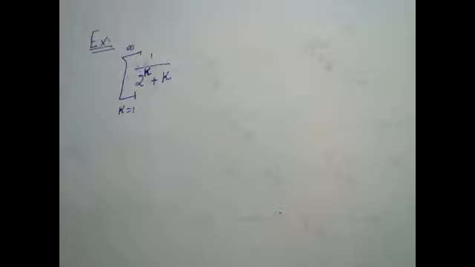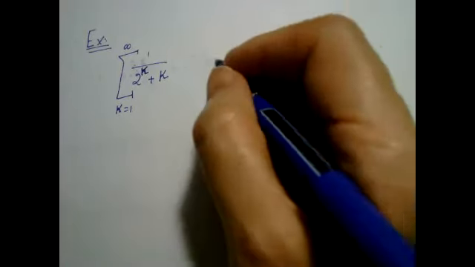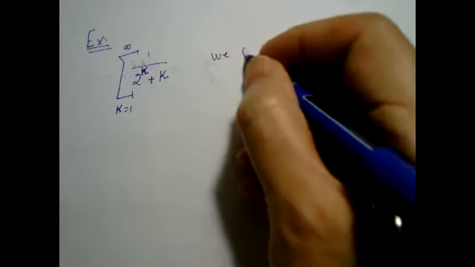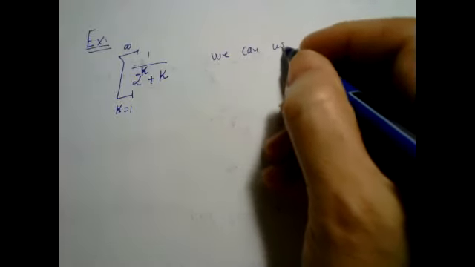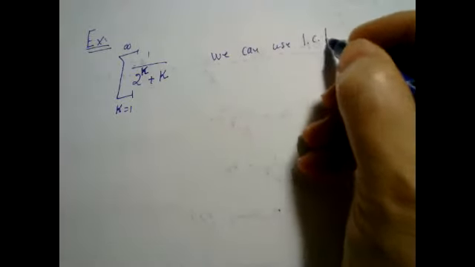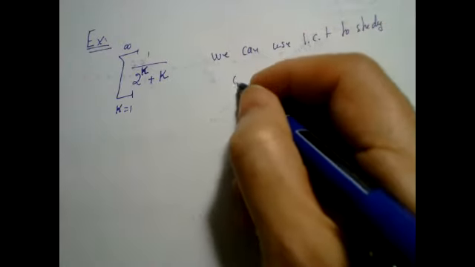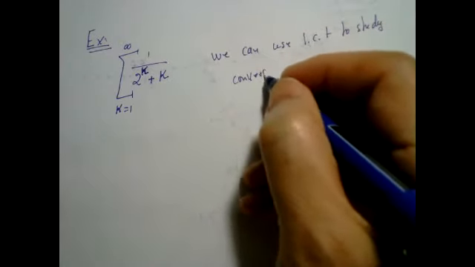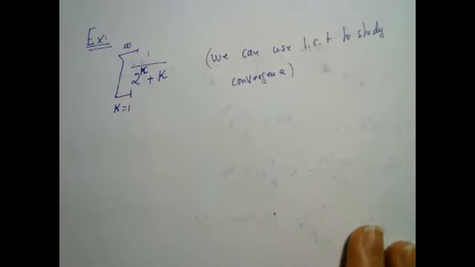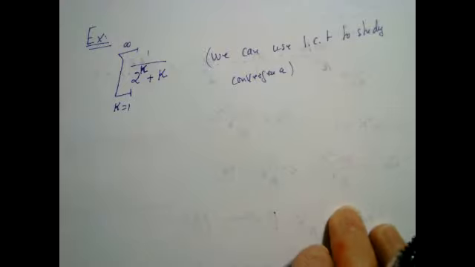So we can use limit comparison, the limit comparison test, to study the convergence of the series. But in this problem, I want you to use the ordinary test, and let's see how to use it.